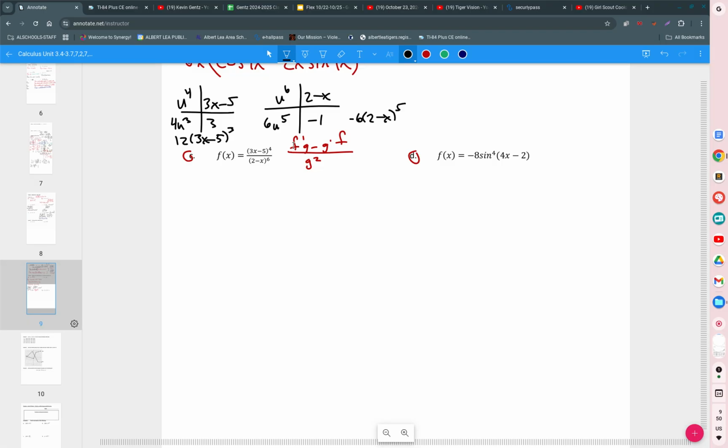All right. I want to find this derivative, f prime of x is equal to, what are we going to start off with? 12 times 3x minus 5, good, to the 3rd power. Then what? 2 minus x to the 6th, good.